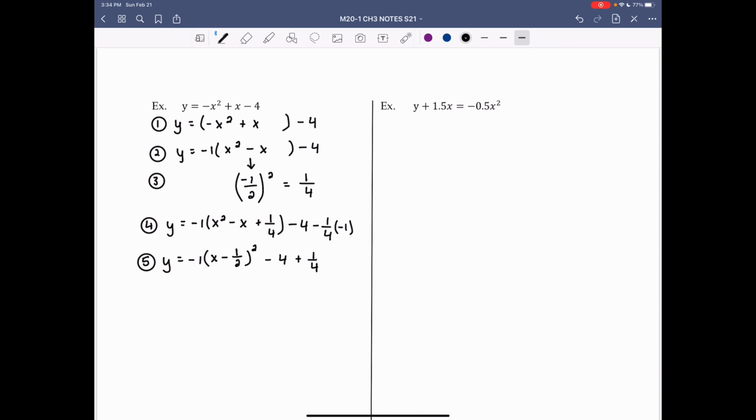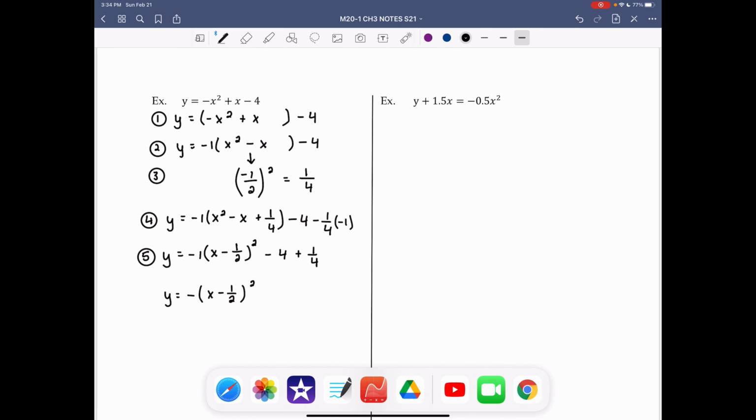Then I just want to simplify the constant term. y equals negative bracket x minus 1/2, close bracket, squared, and use my calculator.